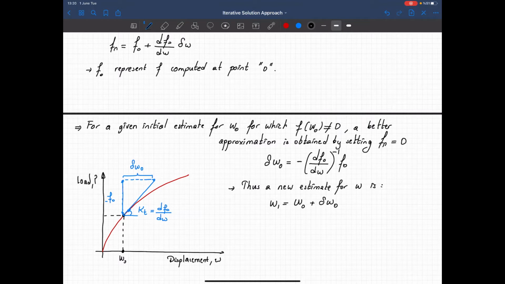So now we are at this point. This is W1, and this distance, this is the unbalanced force we have, is minus F1. Okay? And then the iterative process continues.